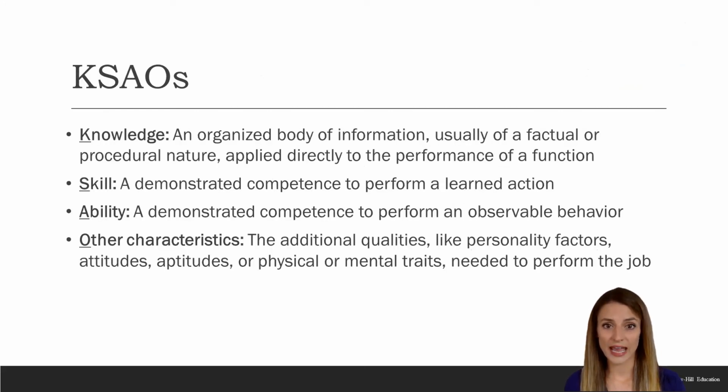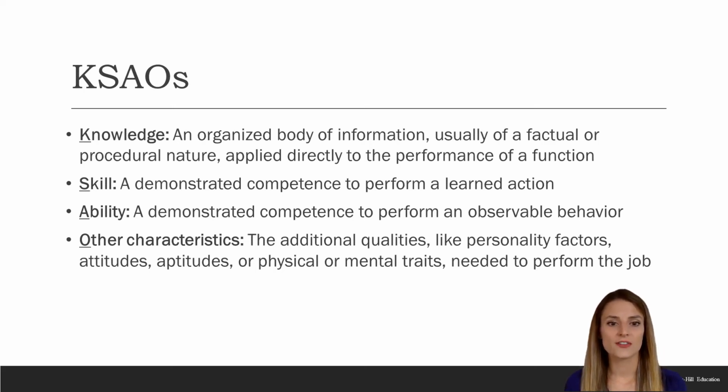KSAOs. This is an acronym that you also want to become familiar with. It is a common phrase we use in personnel psychology. It stands for knowledge, skills, abilities, and other characteristics. Knowledge includes the factual and procedural information that you have learned throughout your life.